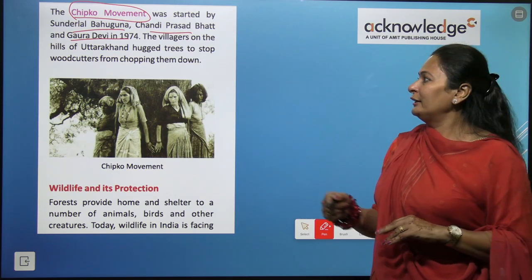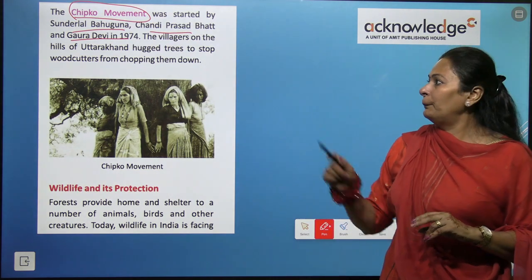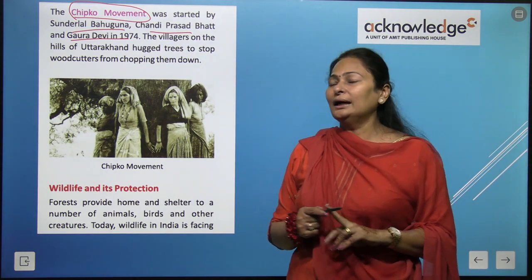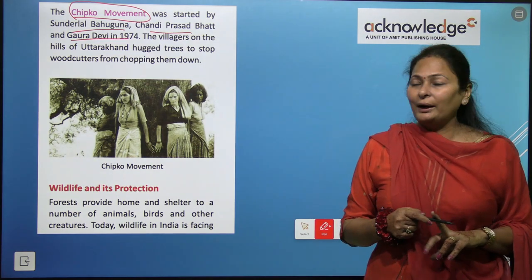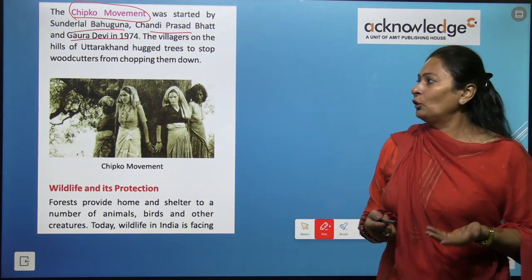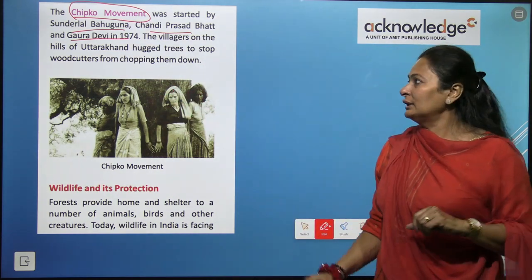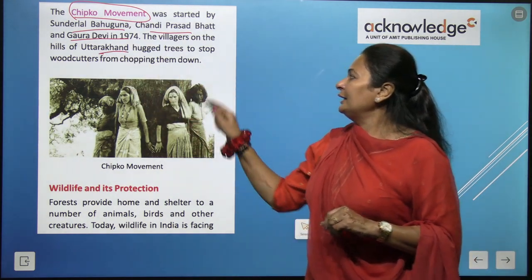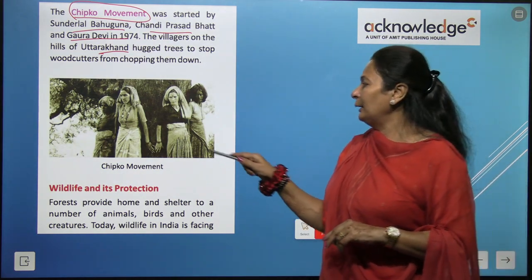You should remember this, and this question can be asked in higher classes too. The Chipko movement was started in 1974 by Sundarlal Bahuguna, Gaura Devi and Chandi Prasad Bhatt. Now, what is this Chipko movement? The villagers on the hills of Uttarakhand hugged trees to stop woodcutters from chopping them down.